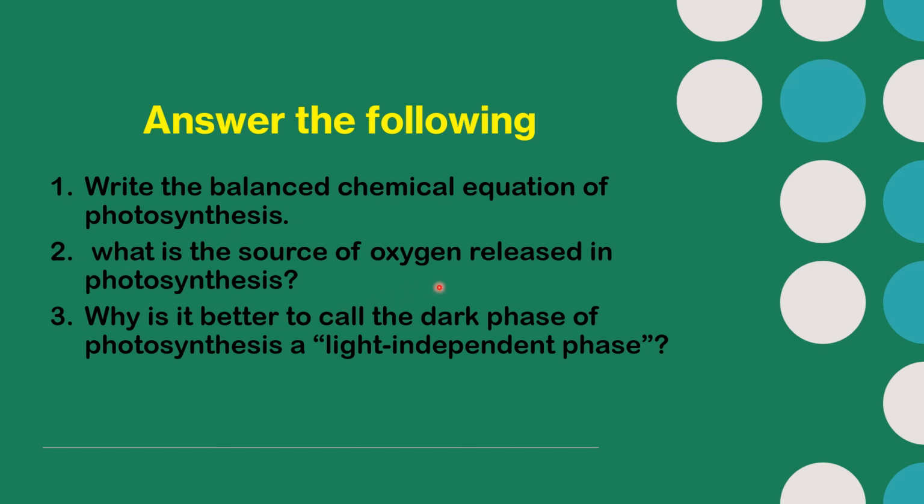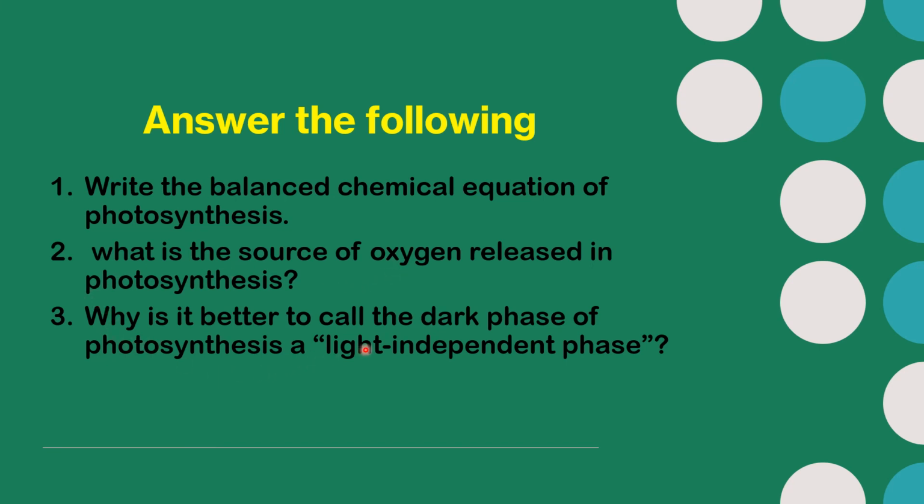What is the source of oxygen released in photosynthesis? The source of oxygen released in photosynthesis is water, not carbon dioxide. Oxygen is released by the process of photolysis of water.